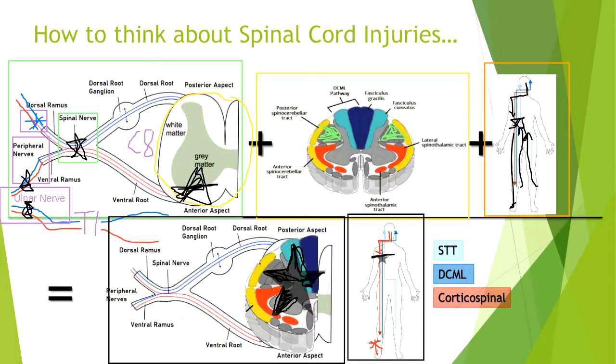Ipsilateral, because the deficits and symptoms are on the same side as the lesion. And the reason for that is because that lesion is occurring below the point of decussation. So if you have a lesion that occurs after your tract has already crossed the midline, then your symptoms are going to be on the same side.